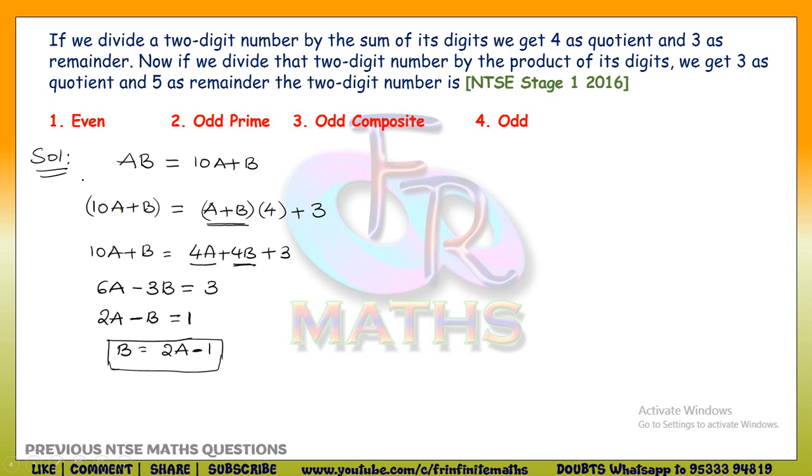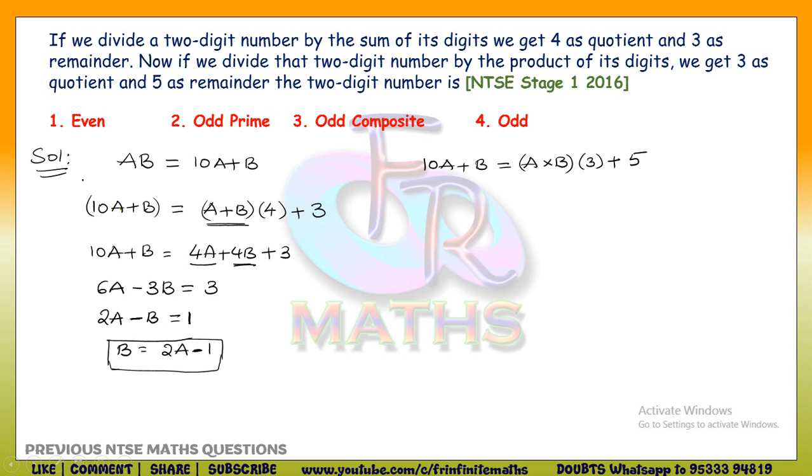Now let us move on to the second condition. If we divide that two digit number by the product of its digits, that means A into B, then the quotient is 3 and remainder is 5.